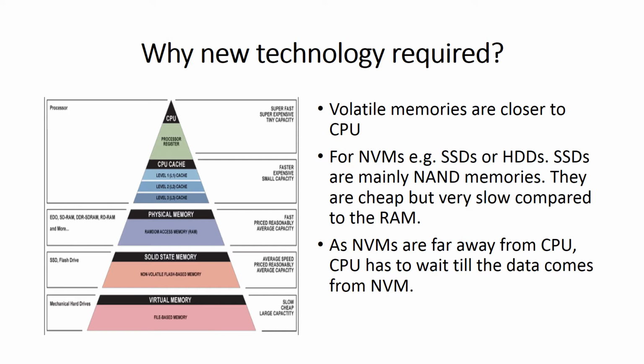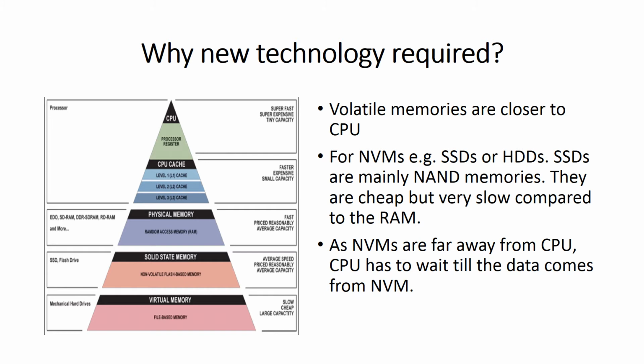So this is the memory pyramid. You can see that the volatile memories are very close to the CPU, that is cache memories and temporary memories, that is RAM, and the non-volatile memories are very far from the CPU.